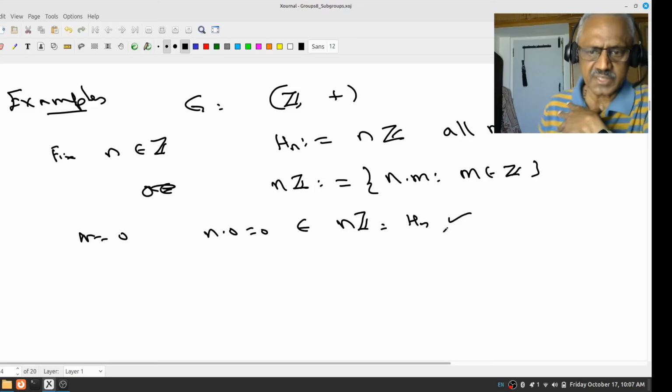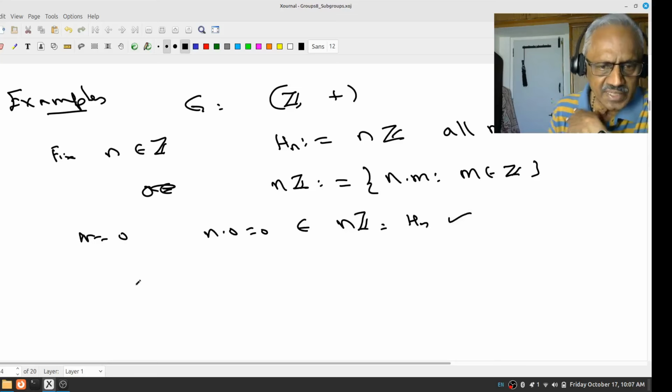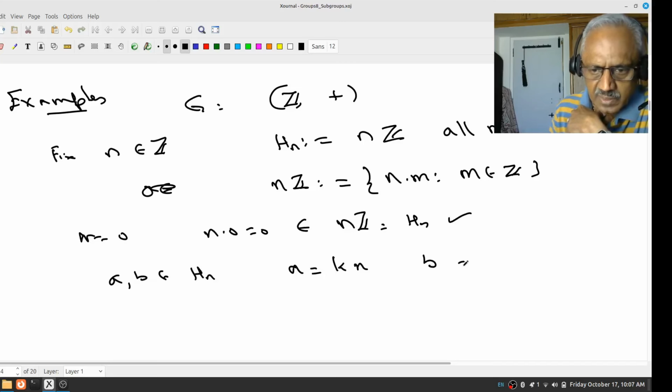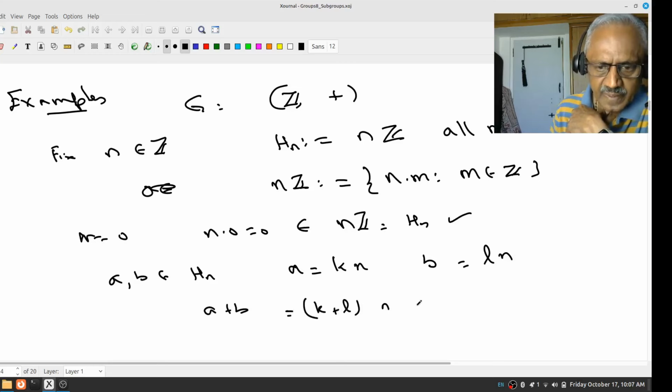The first condition is satisfied. What is the second condition? Let A and B be in Hn, that means A is some K times N and B is some L times N, then A plus B is K plus L times N. Therefore, that's also in Hn.